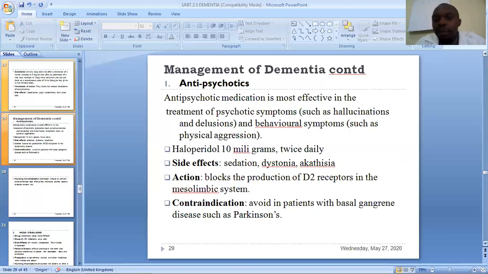Mechanism of action, it blocks D2 receptors in the mesolimbic system. Contraindications, please avoid in patients with basal ganglia disease, such as Parkinson's disease. So don't give haloperidol if the patient has mentioned to you that they actually have Parkinson's disease.